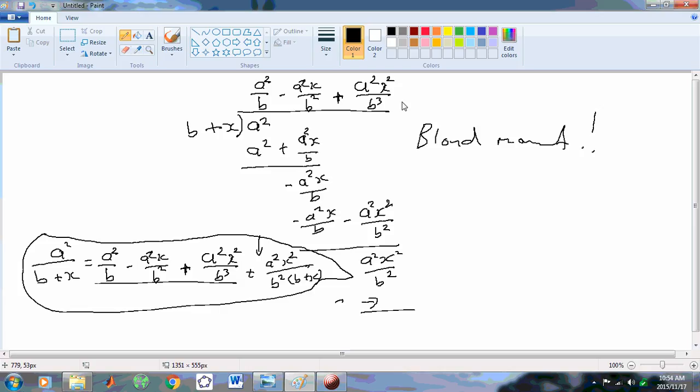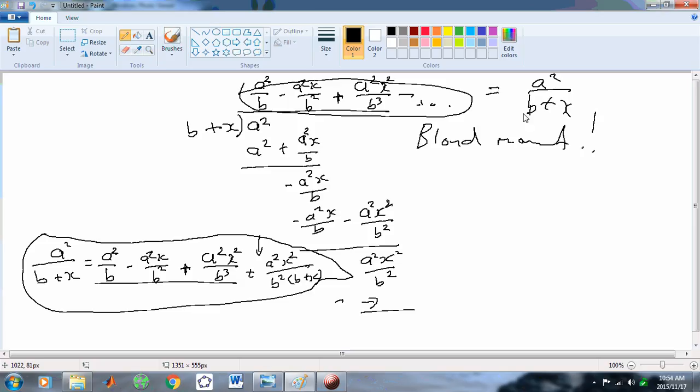So you cannot just say what Newton said by adding dot dot dot at the end, that this here is equivalent to a squared over b plus x. Equivalent means equal. It is not equal. It's approximately equal, okay? It's a big difference. And that is why you can say stupid things like 1/3 is equal to 0.333 dot dot dot, okay?